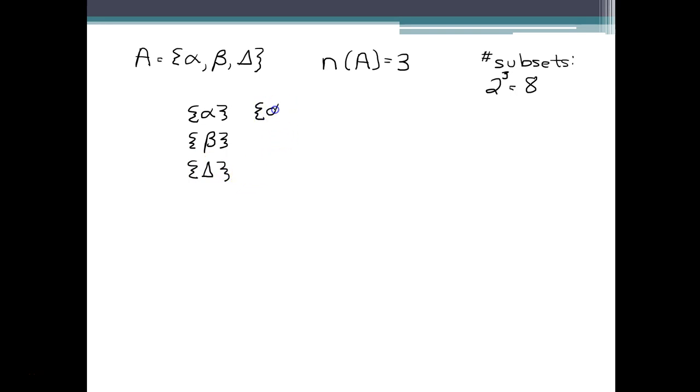I could go 2 at a time, like that. I think I got them all. Or I could do all 3. In each of these sets, the elements are all found in set A. Now that only accounts for 7 of them, though.